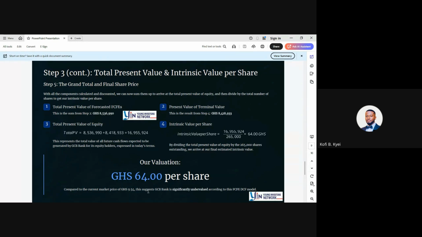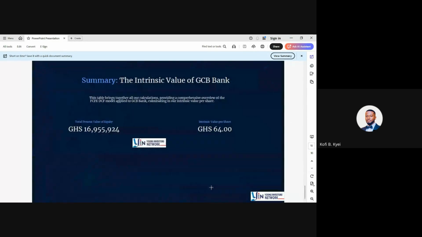This suggests that GCB is significantly undervalued according to this FCFE-DCF model. Okay, so you guys, you have to be bold with your analysis.